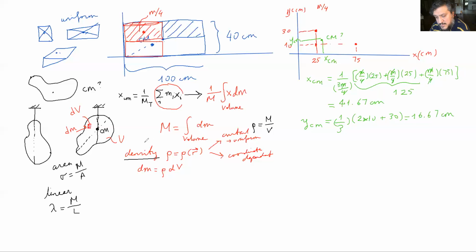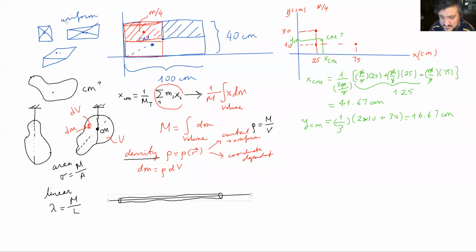Okay? So let's calculate the center of mass for an object with a linear mass distribution. That's just a pencil, which is really long. It's like a cylinder, but the cross-sectional area is so small that we can ignore it. All right, so where is the center of mass? And it's a uniform distribution. It's not difficult to guess, right? It's going to be in the middle.